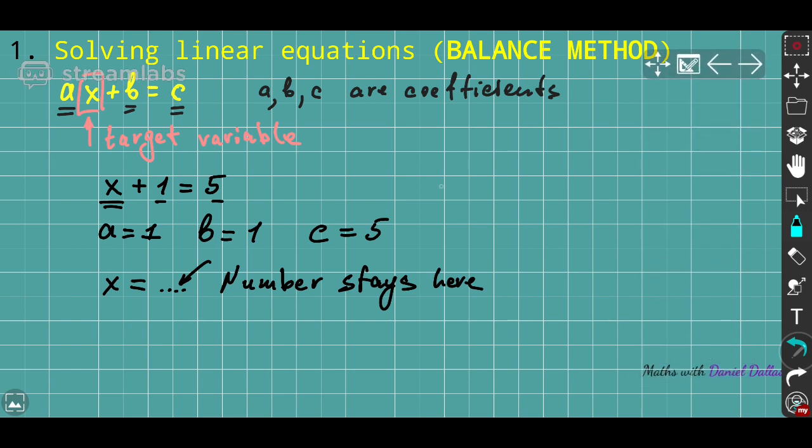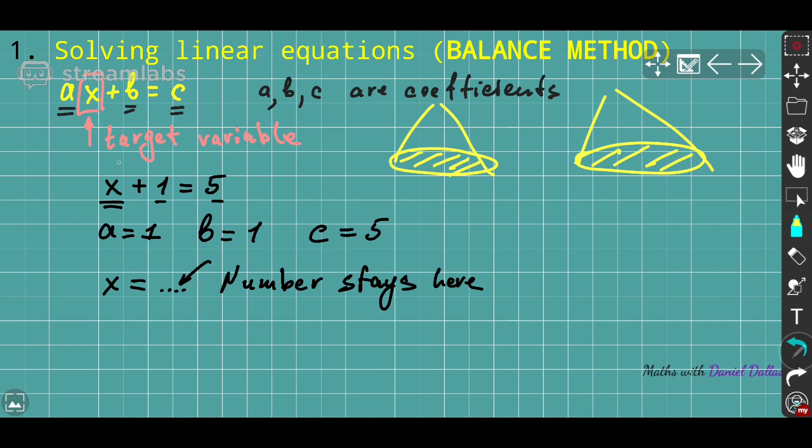So the balance method simply tells you that instead of an equality, you can consider a physical equality in terms of two plates of a scale. So let's say here and here are the plates of the scale. You have the left side, that's the left plate here, and the right side, which is 5 in our case.